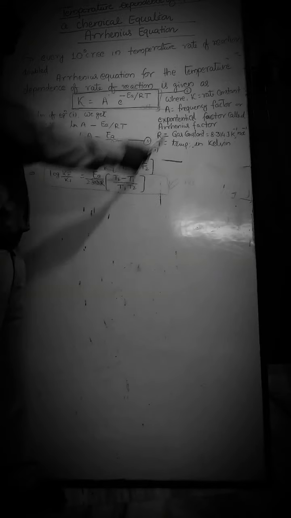For every 10-degree rise in temperature, the rate of reaction doubles. The Arrhenius equation for the temperature dependence of the rate of reaction is given as K equal to A into e to the power minus Ea by RT, where K is the rate constant, A is the frequency factor or exponential factor called the Arrhenius factor, R is the gas constant, whose value is 8.314 joule per Kelvin per mole, and T is temperature in Kelvin.